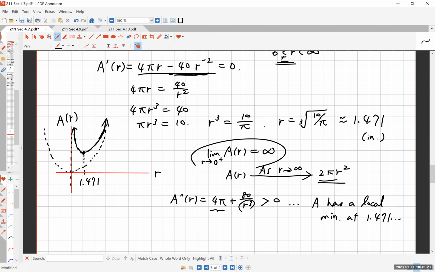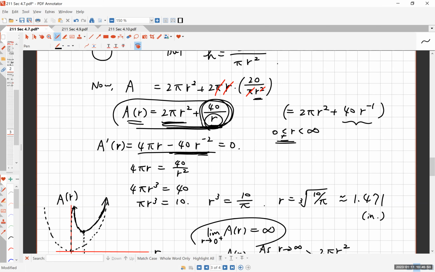It turns out if you do the other side, if r were allowed to be negative, the function goes to negative infinity as r approaches 0 from the left-hand side.